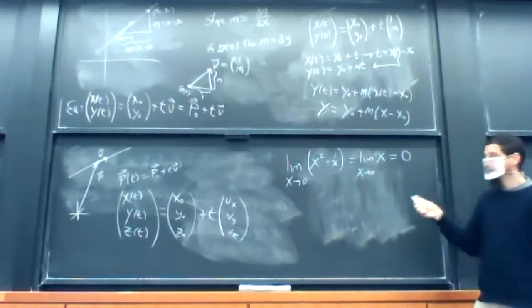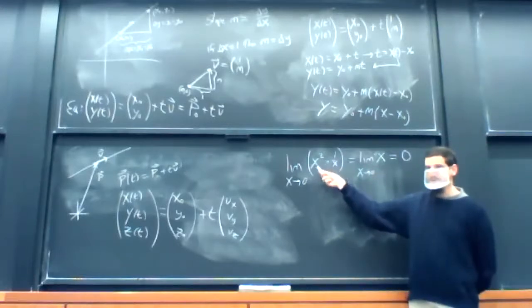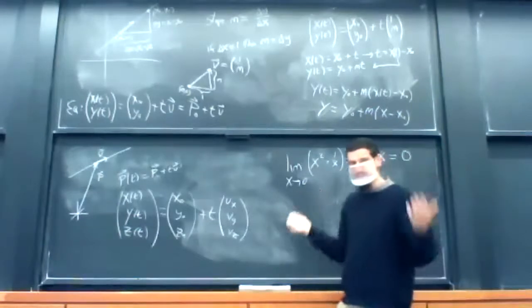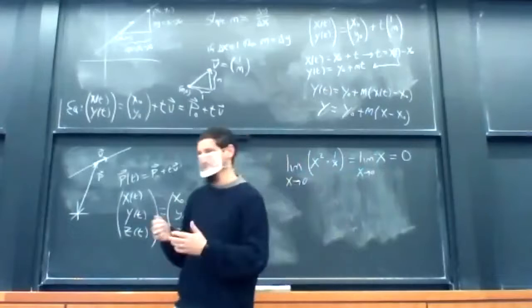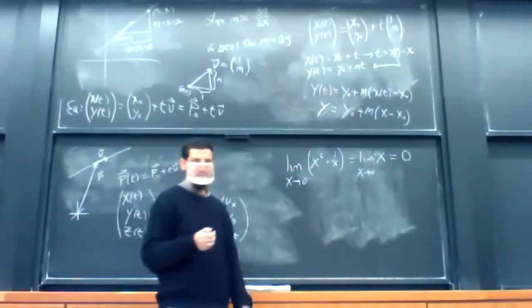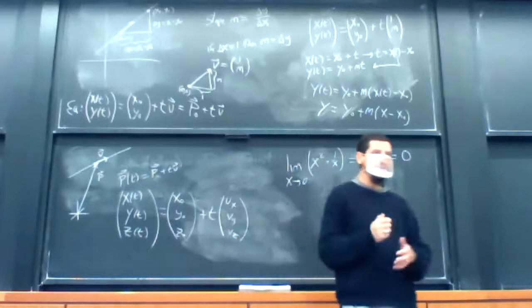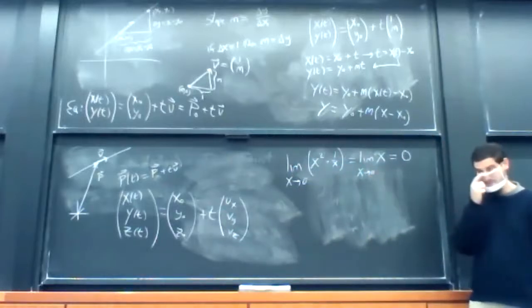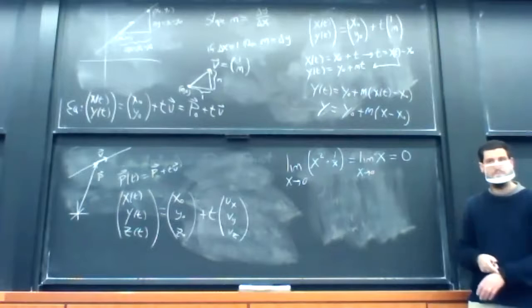Right? But x squared is going to 0. What's 1 over x going to? So I can't just say the limit of a product is the product of the limits. I can do that if the limits are finite. I can do it if at least one of the limits is finite. But if one of the limits is infinity and the other one is 0, I can have some trouble.